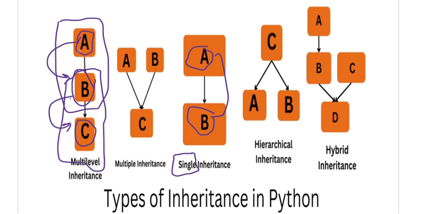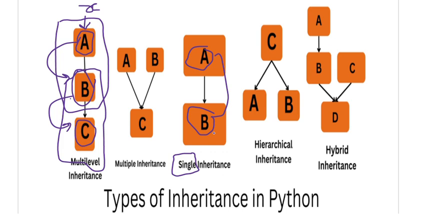Here we can include one more. Let it be X, the parent of A, which means the grandfather's father. In that way the inheritance classes will keep going. What is the difference between single and multi-level inheritance? In single inheritance, we use a single parent class and a single child class.